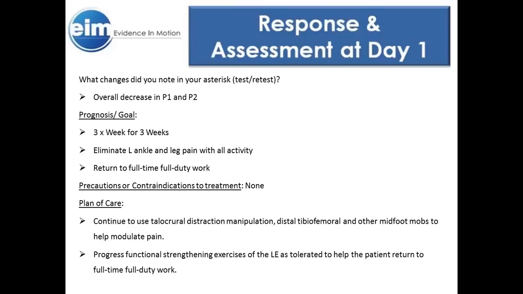The plan of care is to continue using the talocrural distraction manipulation, the distal tibiofemoral mobs, and other mid-foot mobs to help modulate the pain, and then to progress his functional strengthening exercises of his left lower extremity as he tolerates, to help the patient return to full-time full work duty.